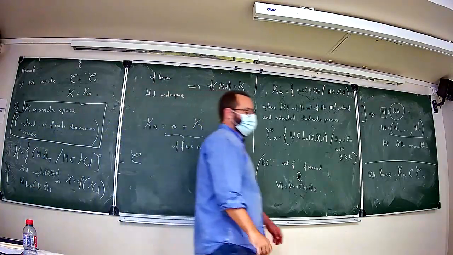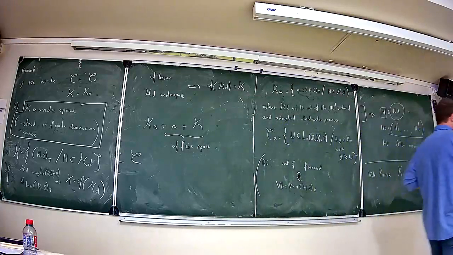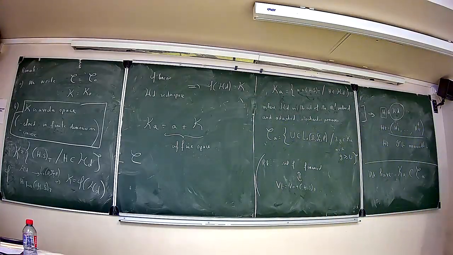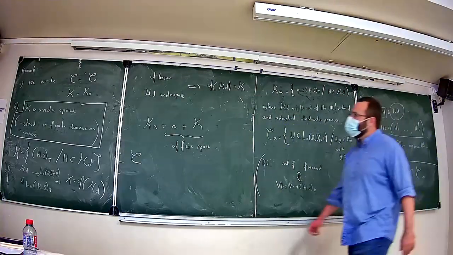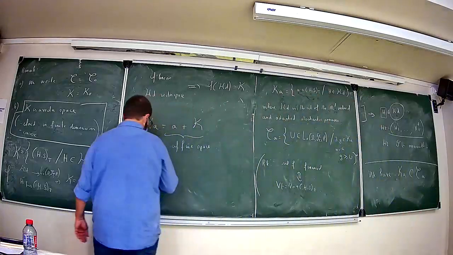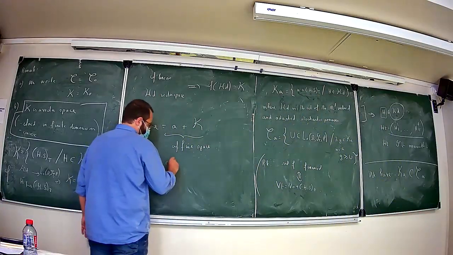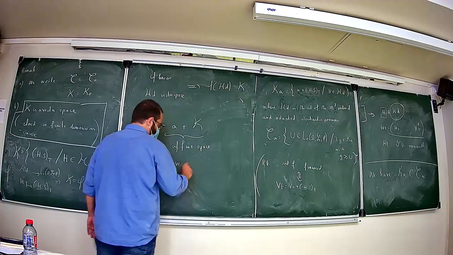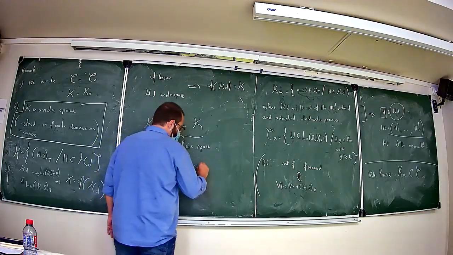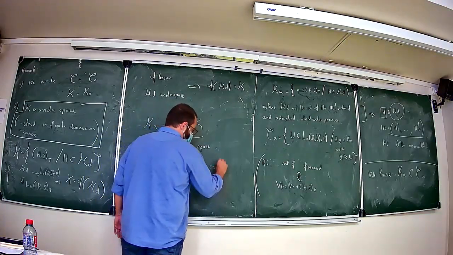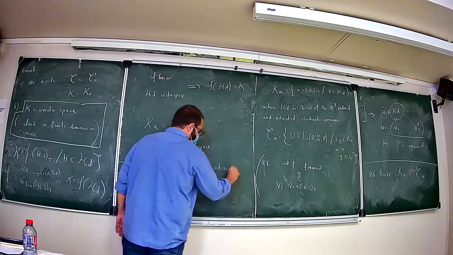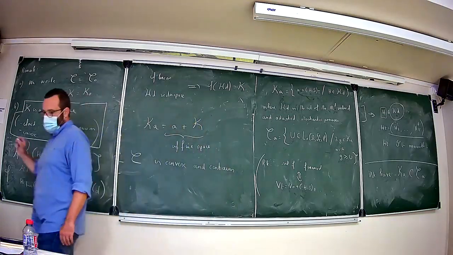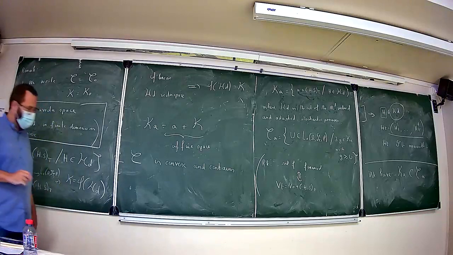So C is no more a vector space, but I can say the following. I can say that C is convex and contains the following. I just use the same notation as the one in my notes.